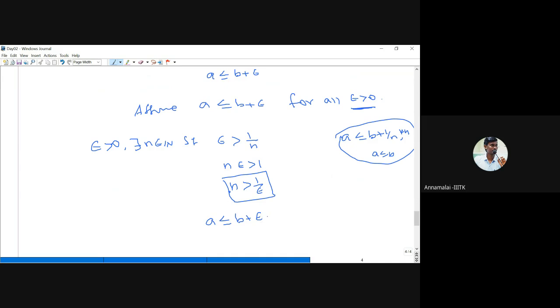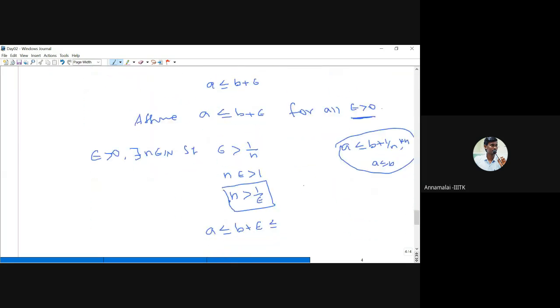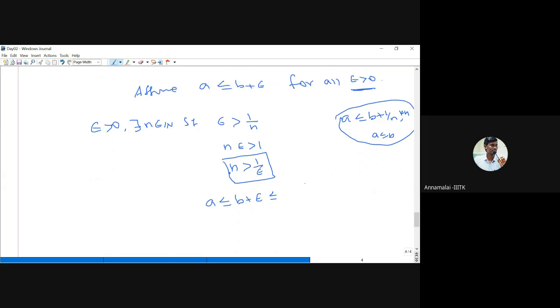So what I'm going to show is that this is less than or equal to... I did some mistake, right? Anyway, we have to apply the arithmetic property.